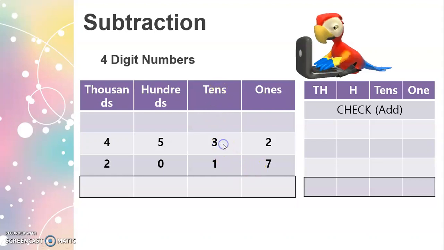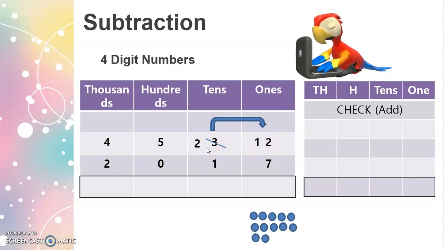So 3 will give 1 to 2 and 2 becomes equal to 12. And 3 is now 2 after giving borrow to this 2. 12 minus 7, we have 12 balls. Cut 7 from them. The answer is 5.